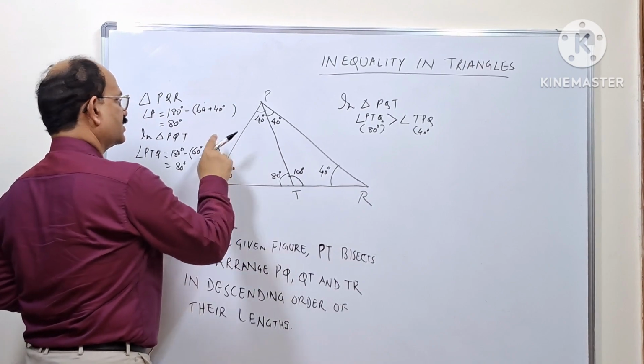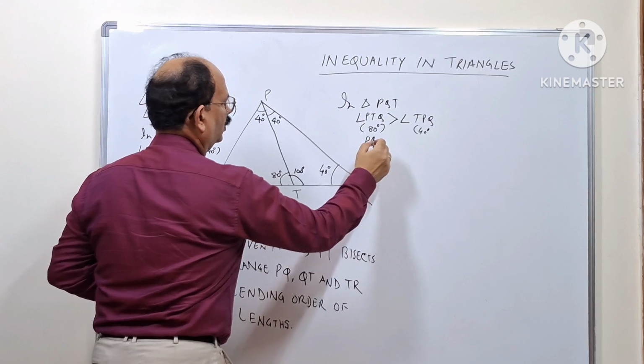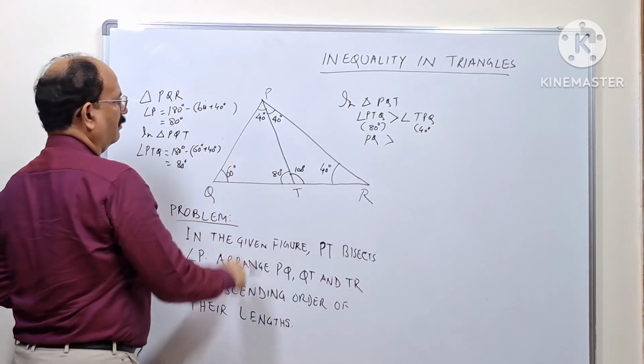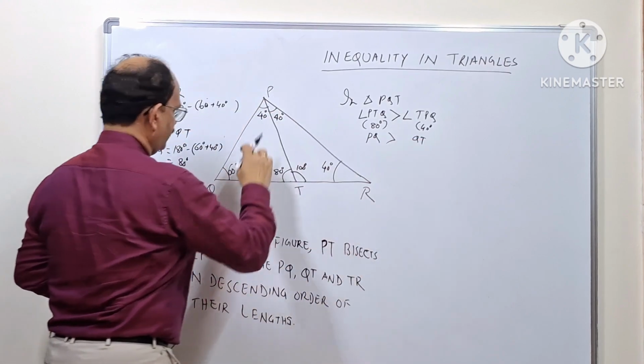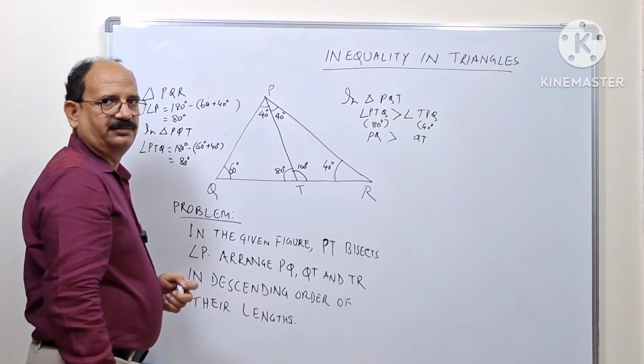So opposite to this, whatever side is PQ, that will be greater than QT, because QT is opposite to this angle, right?